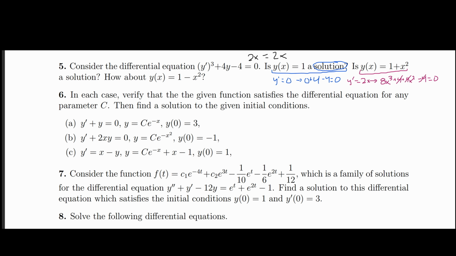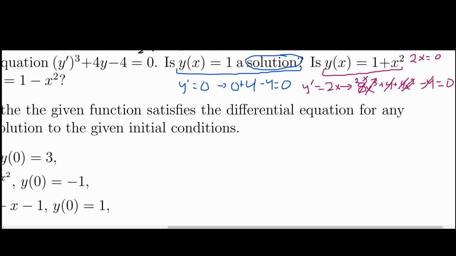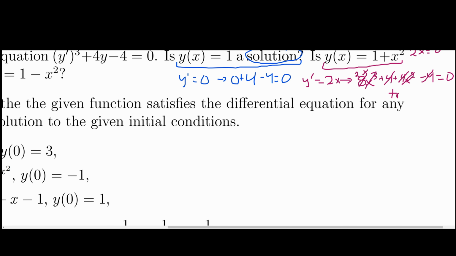We can divide everything by 4. We can also divide everything by x squared. We can see that we're going to be left with 2x equal to 0. The only way for this solution to be true is if x equals 0. So we can write true if x equals 0.